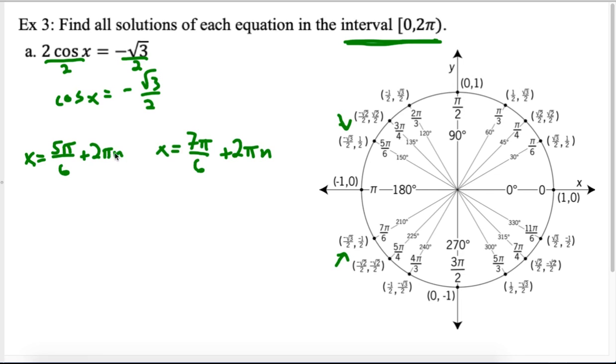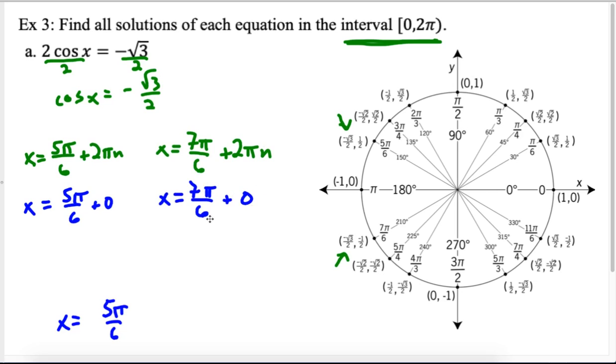So here, if I plug in 0 for n, right, that'll be 5 pi over 6 plus 0. 5 pi over 6 is in between 0 and 2 pi. So that is one of my answers. So I'm just going to collect my answers down here. Right? Then if I plug in 0 here, 7 pi over 6 plus 2 pi times 0, 7 pi over 6 is also in between 0 and 2 pi.